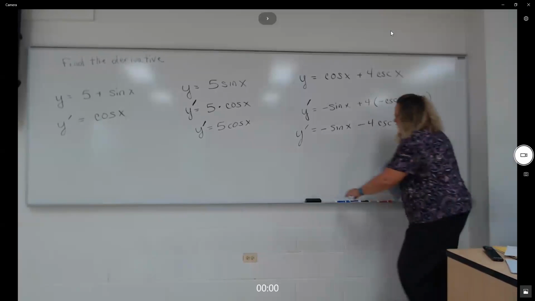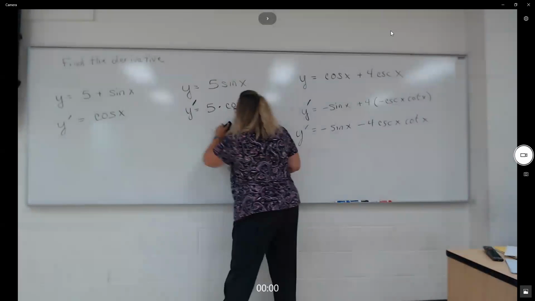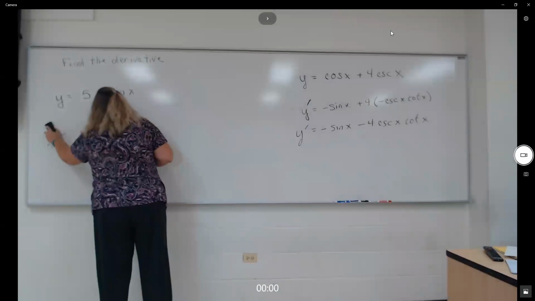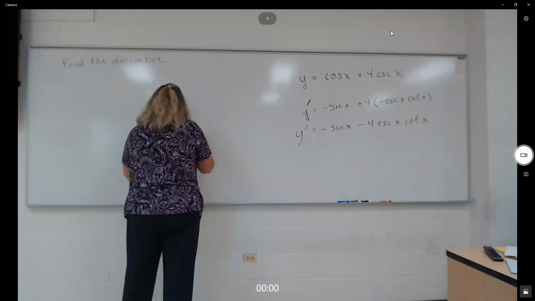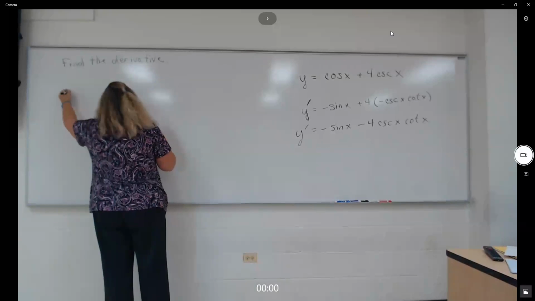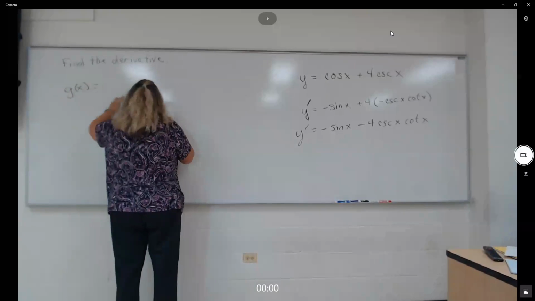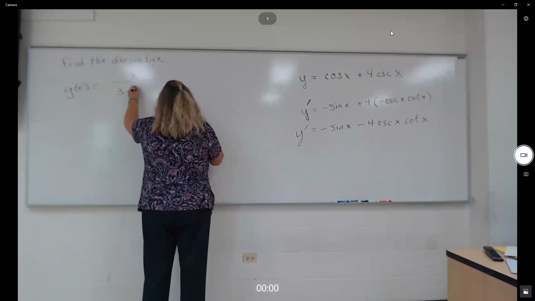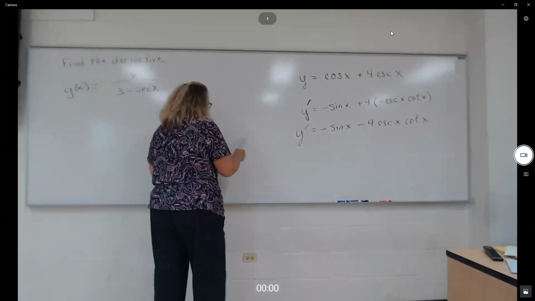All right, let's try a little harder one. g of x is equal to x over 3 minus secant x.